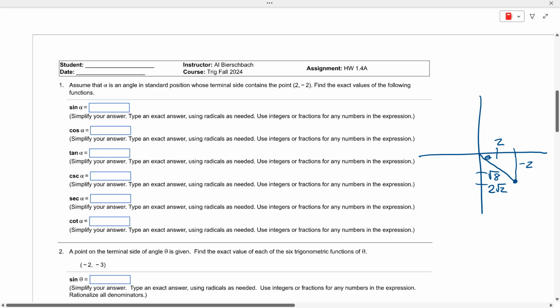Okay? So, what's opposite over hypotenuse from theta? Negative 2 over 2 square root of 2. These cancel, and I can't leave a square root in the denominator. So I have to multiply numerator and denominator by the square root of 2.